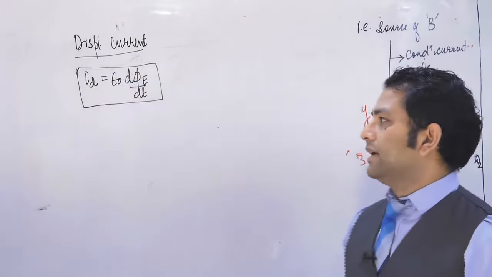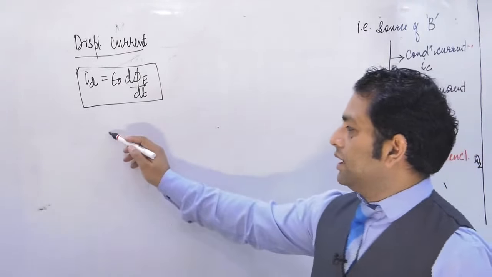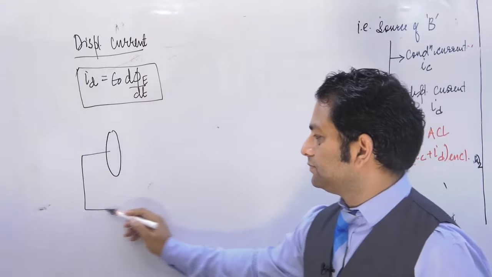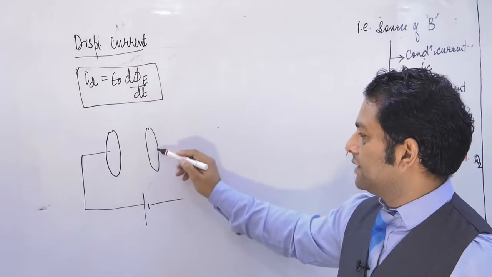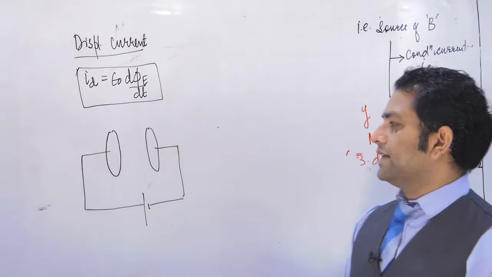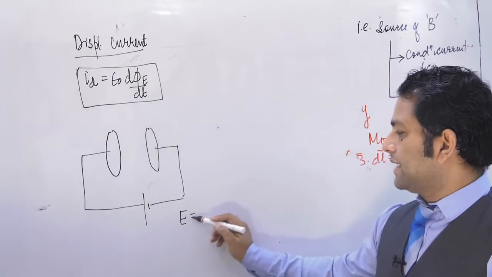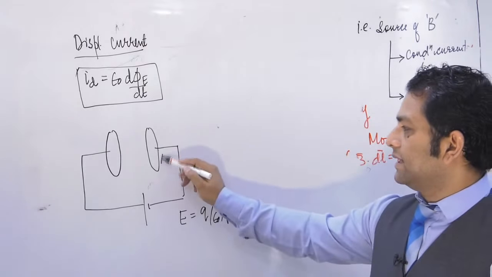Now based on this, let's try to see a question. Okay, so here is a capacitor plate, and this is a capacitor plate. For those who find it difficult to compute, remember the electric field within the capacitor plate is Q by epsilon naught A, where A is the plate area.